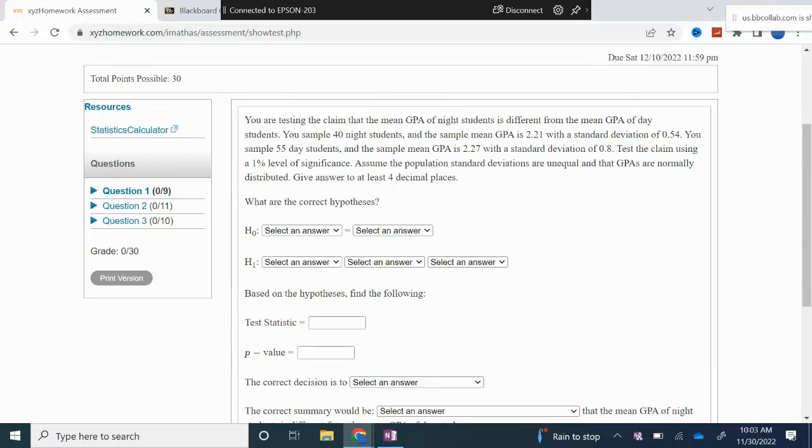It says test the claim using a 1% significance level. Assume that the population standard deviations are unequal and the GPAs are normally distributed. Give answer to at least 4 decimal places. All right.